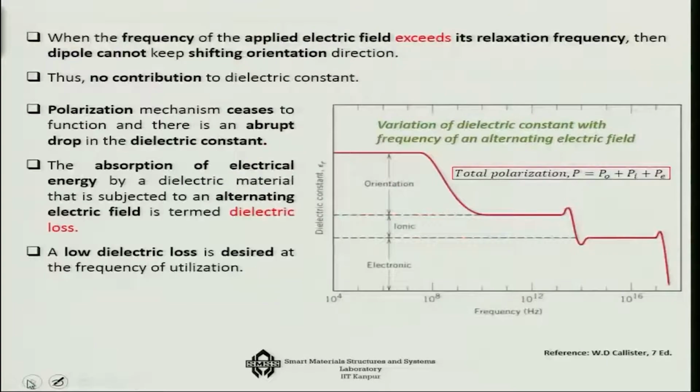So, what happens if I apply an electric field which exceeds its relaxation frequency? Of course, the dipole will not be able to keep shifting orientation with the direction. Thus, there will be no contribution to the dielectric constant, and the polarization mechanism ceases to function. There is an abrupt drop in the dielectric constant of the medium.